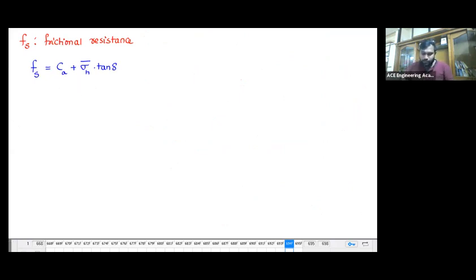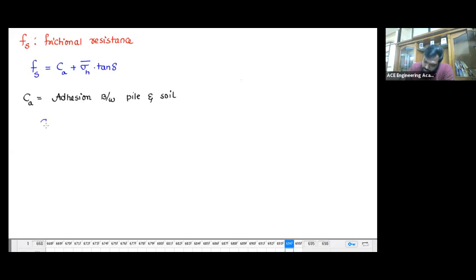Where this Ca is nothing but adhesion between the pile and soil. What is Ca? Adhesion between the pile and soil.